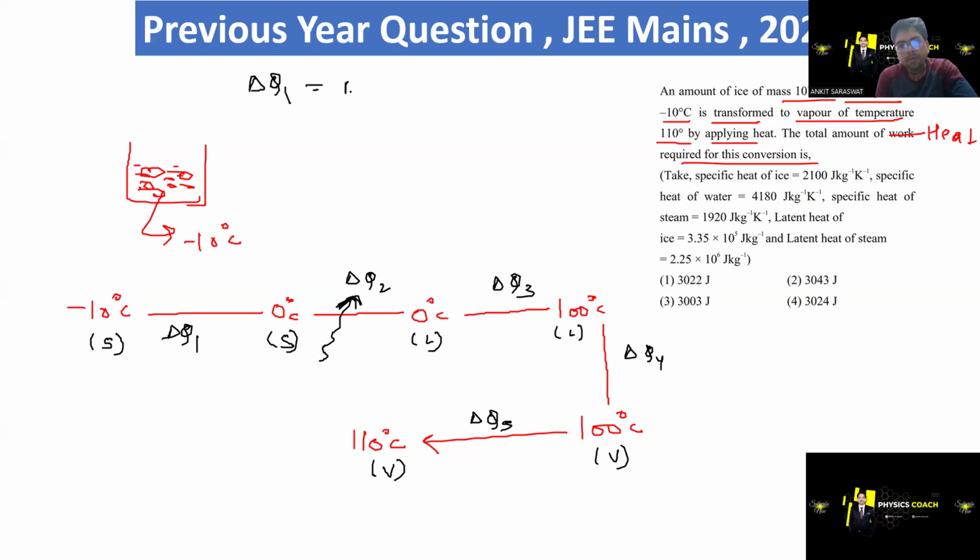So delta Q1 you can easily solve: m times specific heat times delta theta. The mass of ice is 10 to the power minus 3 kg. Specific heat capacity of ice is 2100 joule per kg per Kelvin. How much increase in temperature? From minus 10 to 0.